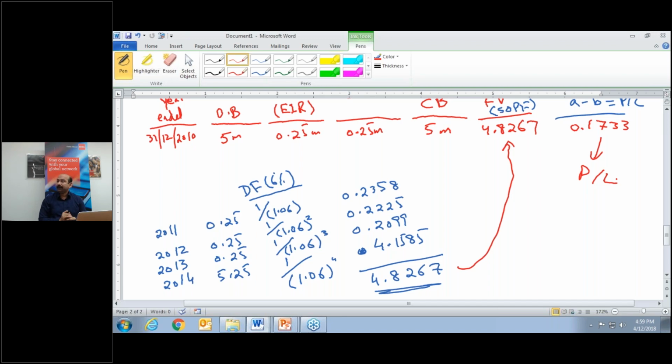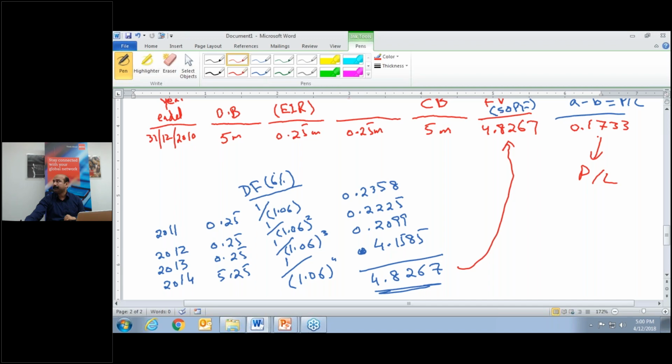But the value before the determination of this fair value is basically 5 million. The carrying value of the financial asset is 5 million, and this is the fair value. The difference will be debited, because fair value is decreasing.